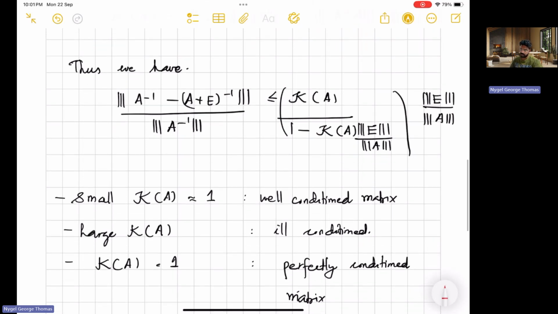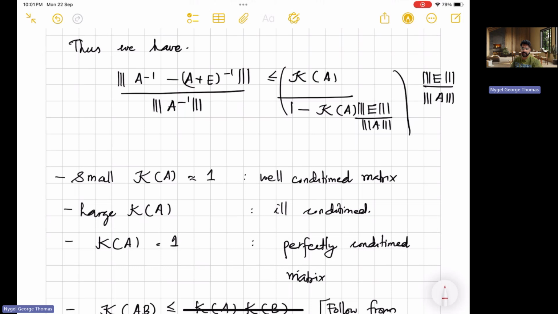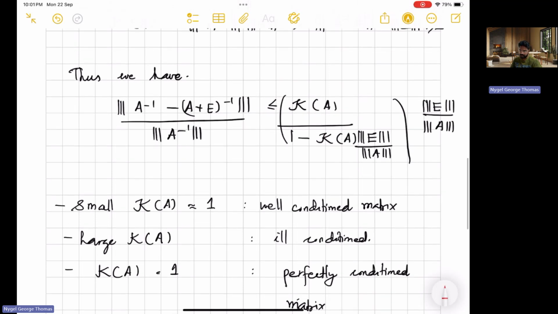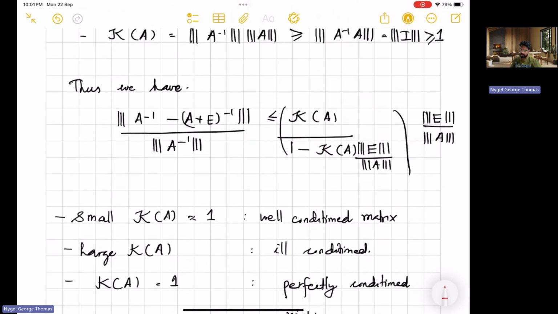So how does the condition number matter? Suppose we have a small condition number, very close to 1. The numerator will be small. Also, the denominator 1 minus this term will be large, and so the entire fraction will become smaller.